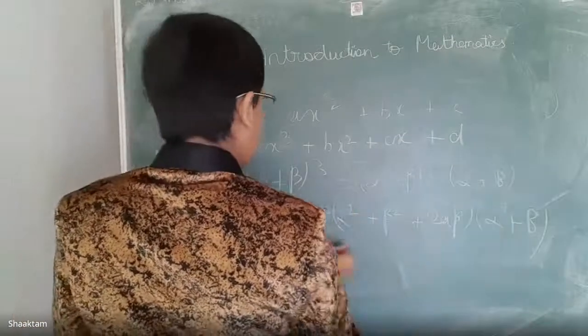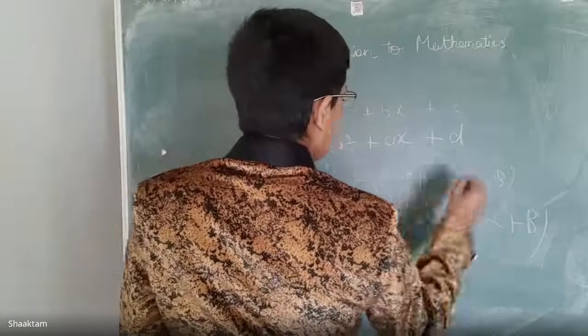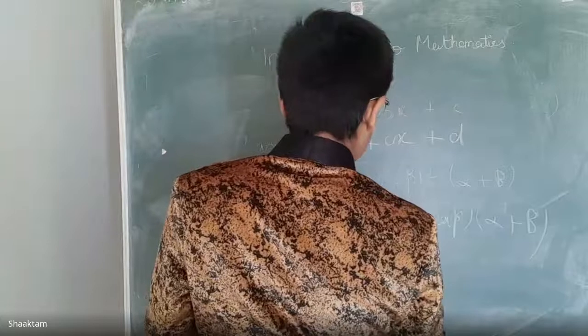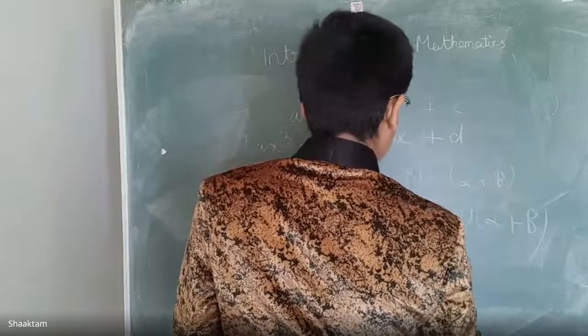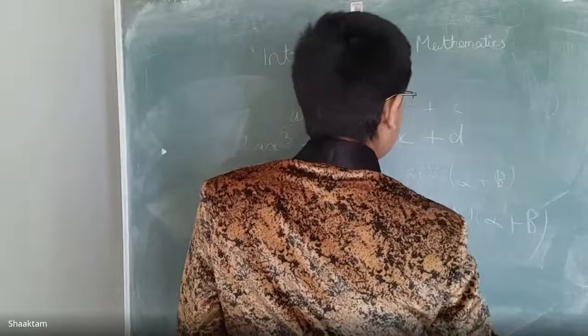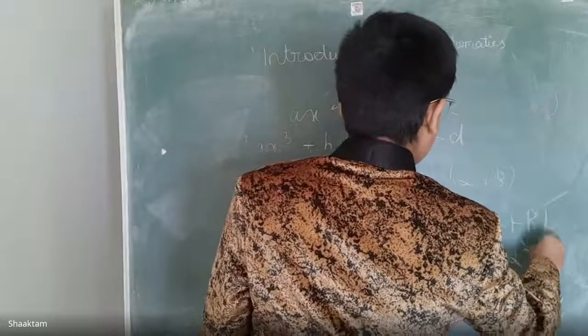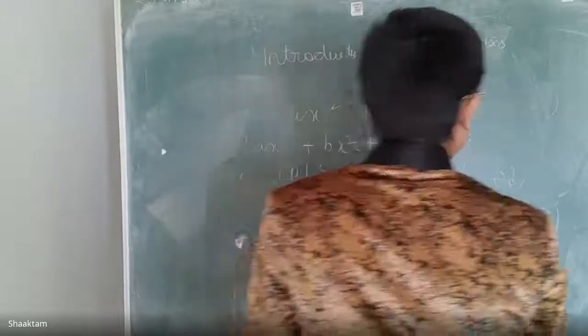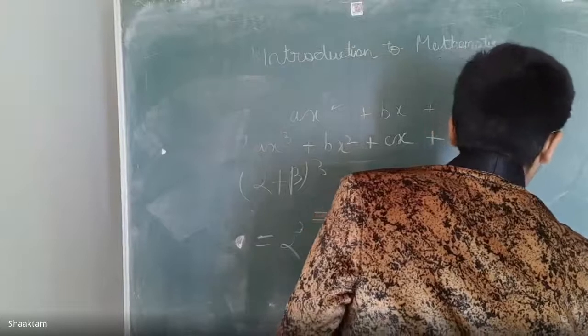Alpha square into beta gets me alpha square beta. Beta square into alpha gets me beta square alpha. Beta square into beta gets me beta cube. 2 alpha beta into alpha gets me 2 alpha square beta, and 2 alpha beta into beta gets me 2 alpha beta square.